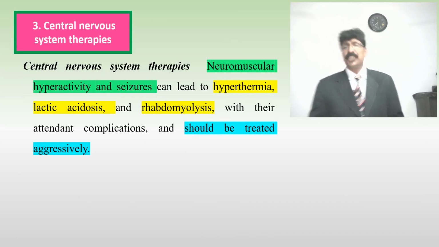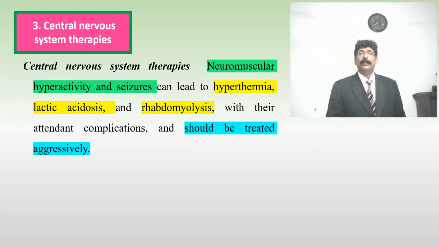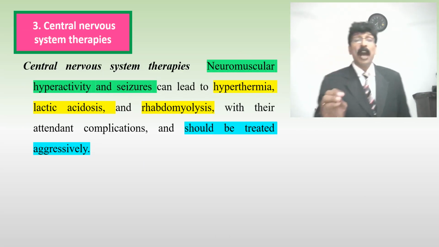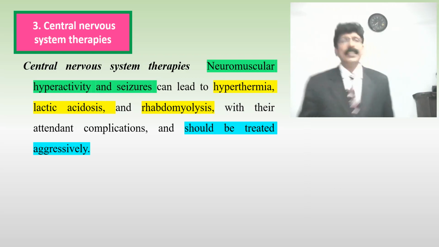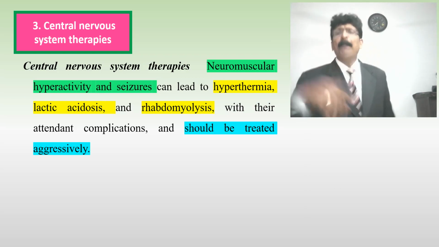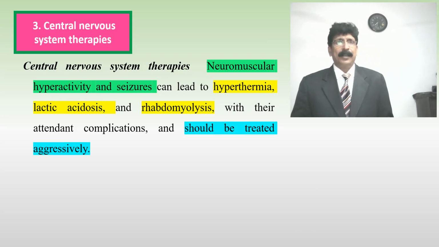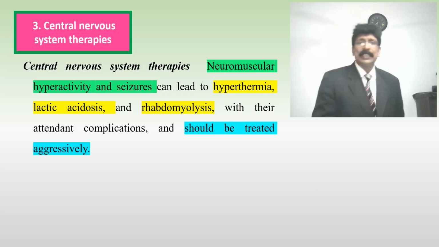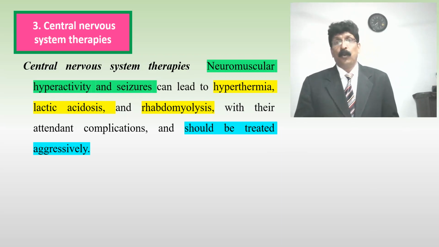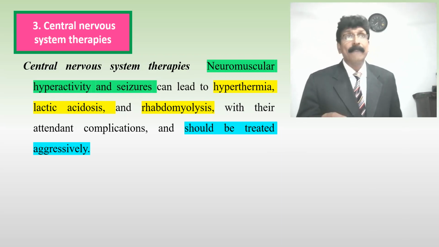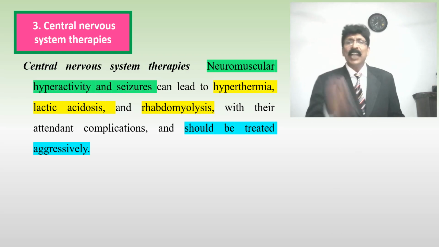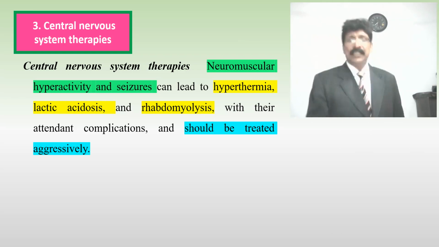Central nervous system supportive care. Neuromuscular hyperactivity and seizures can lead to hyperthermia, lactic acidosis and rhabdomyolysis with their attendant complications, and should be treated aggressively.